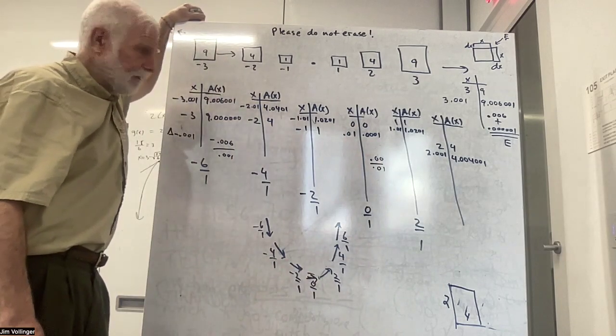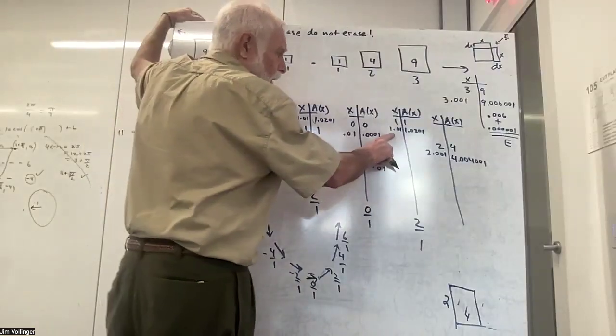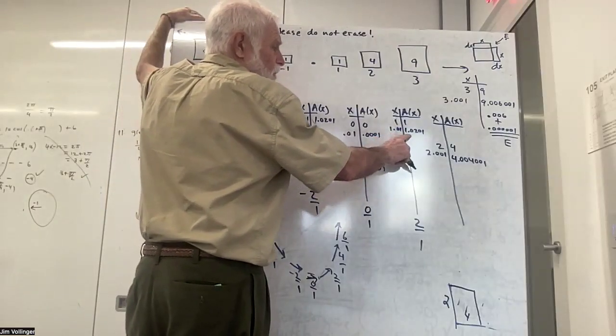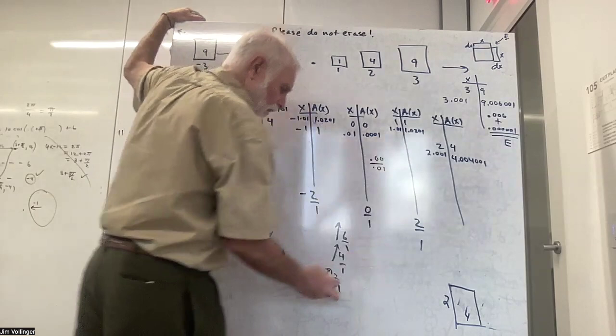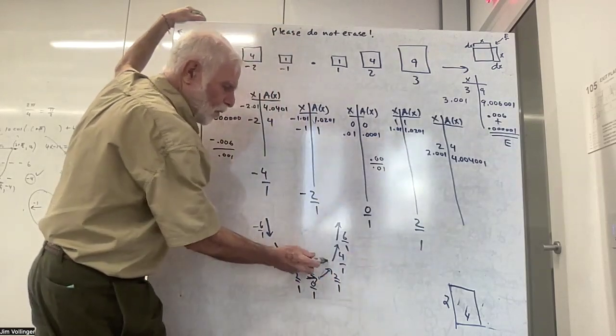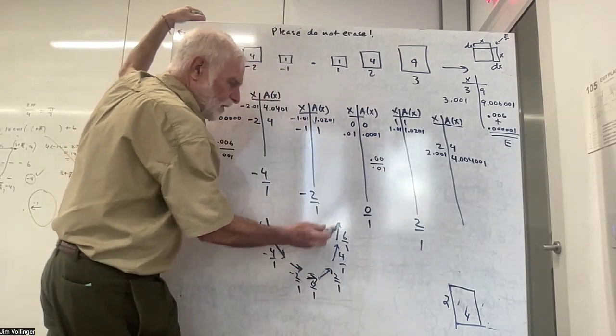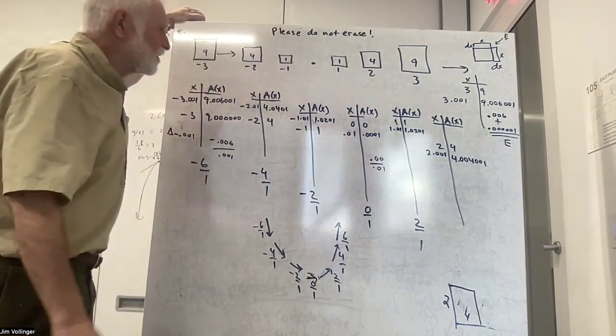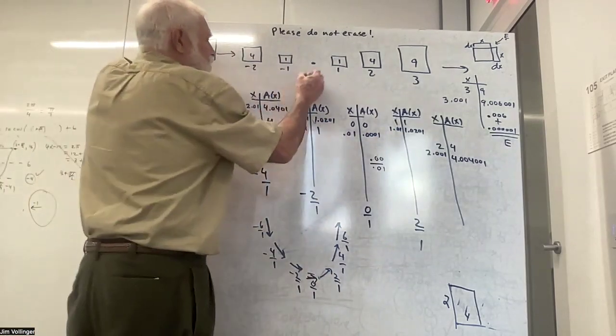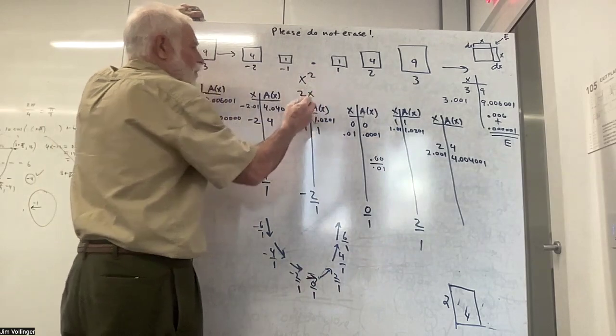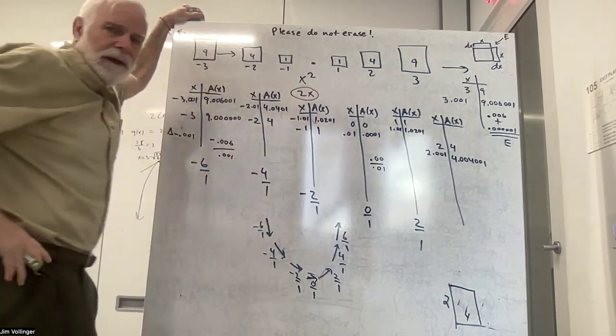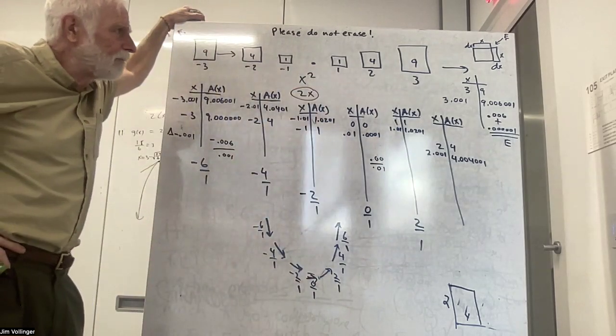It's flat there. And then if I move over to 1, 1.01 gets me 1.0201. That's going up at 2 to 1. At 2, I'm going up at 4 to 1. At 3, going up at 6 to 1. That's the rate of change of x squared. Its rate of change is what we call a derivative, right? It looks like I'm doubling the x value.